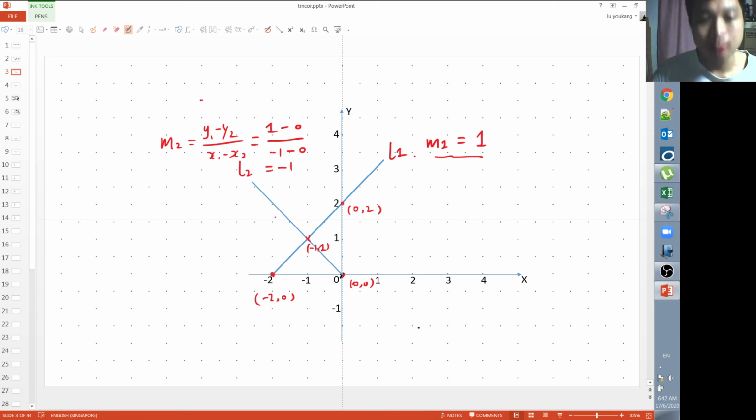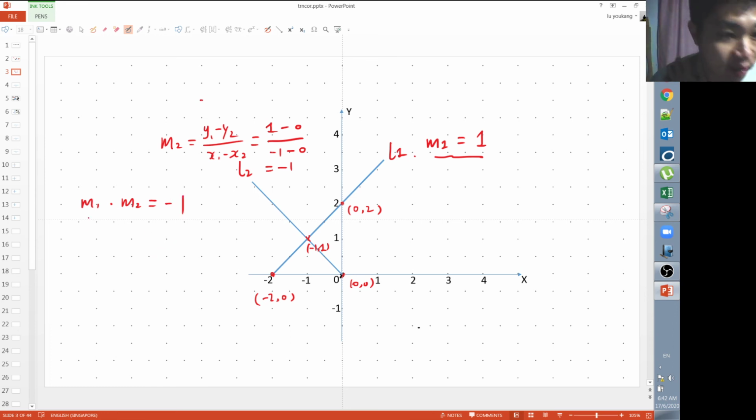So I hope you can see the relationship between your m1 and your m2: your m1 times your m2 is equal to -1.